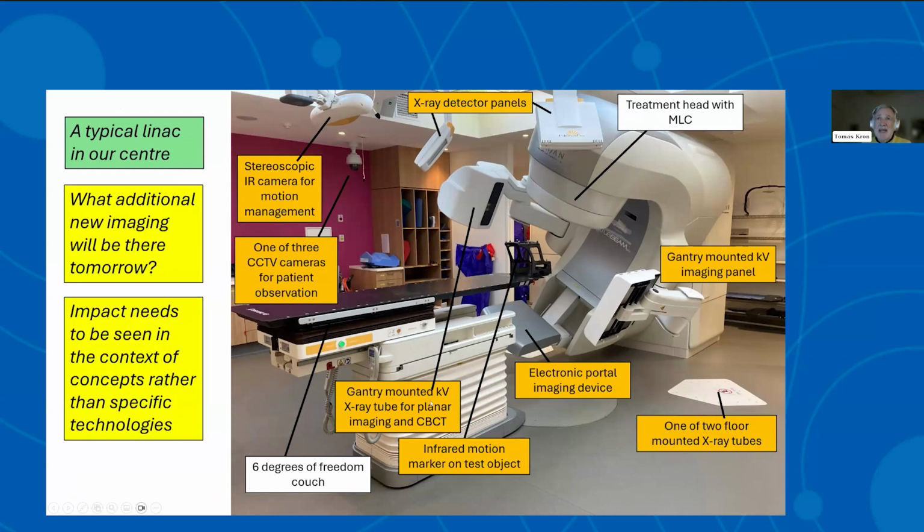So if one looks at the impact of a report, we need to do some horizon scanning, and having the mentees in the group was really helpful in bouncing ideas backwards and forwards, because we don't quite know what new imaging will be there tomorrow.